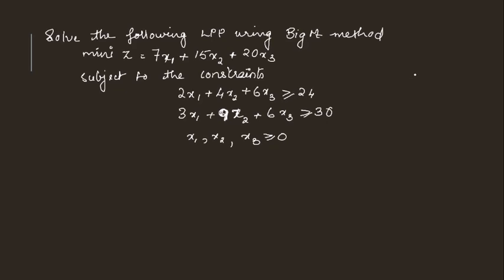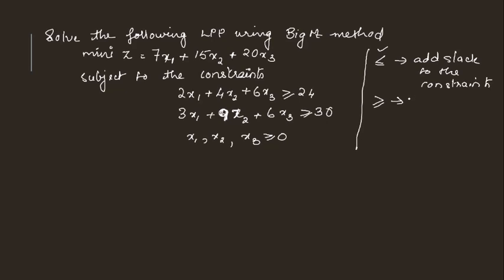In that case, what you used to do is add slack variables. Whenever you get an inequality like this, you add slack variables to the constraints, right? But in the case of a greater than inequality, what you do is subtract the surplus variable.